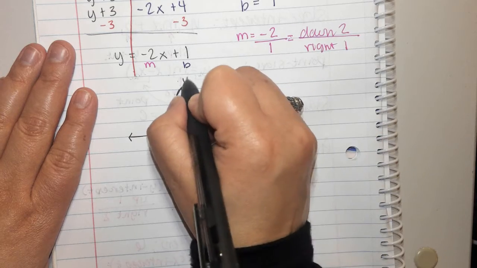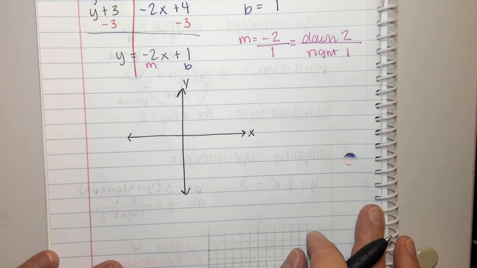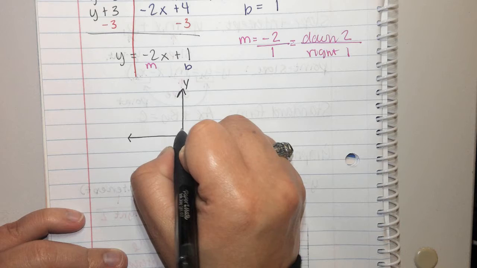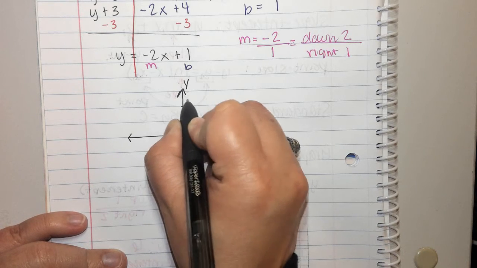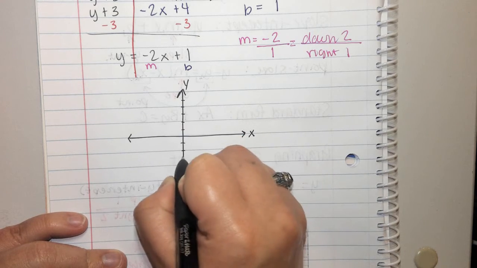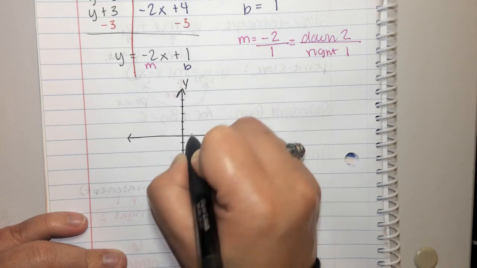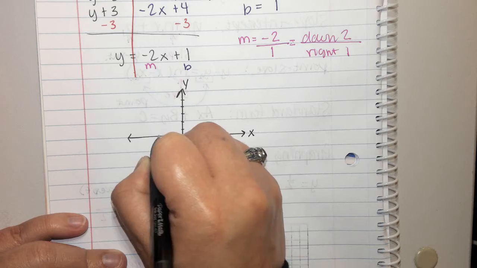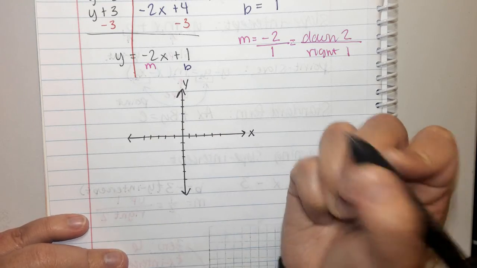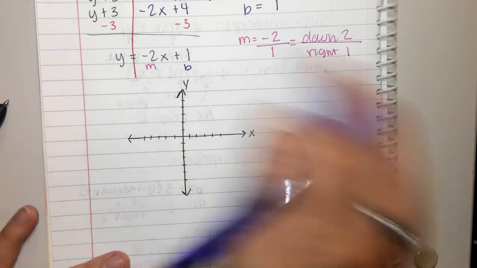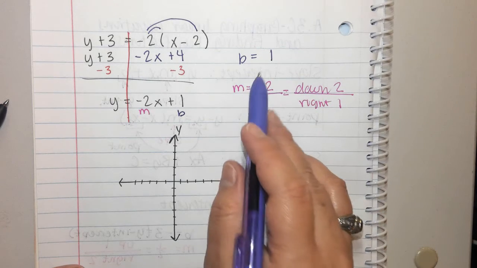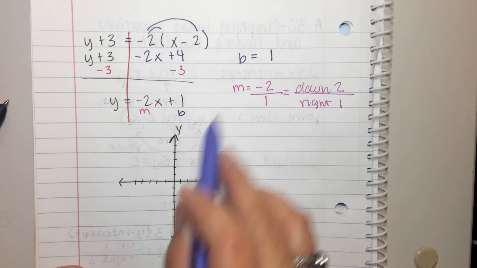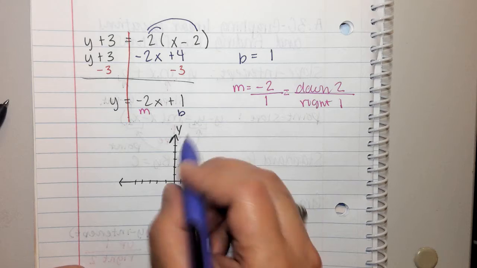It's not super great, but it gets the job done. And I'm going to make little tick marks. And we're going to begin at 1 on the y-axis. So it's right here.